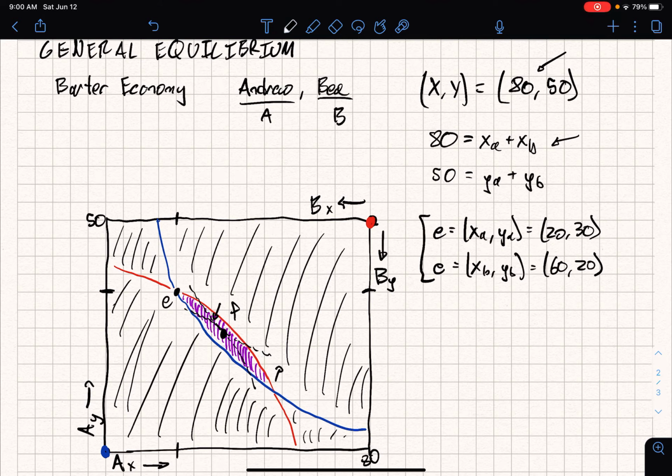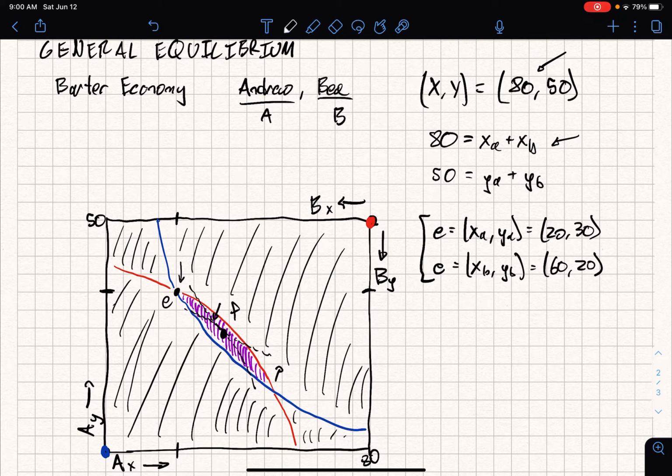Okay, so we just left off in the last video talking about Pareto improvements with the Edgeworth box. We walked through a simple example of an allocation at point E, and we talked about a Pareto improvement, point F. What we're going to do next is take this a little bit further.